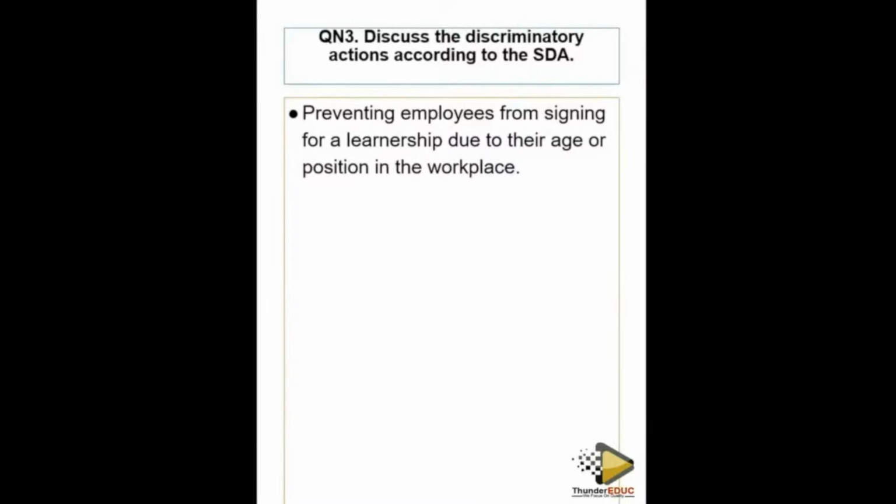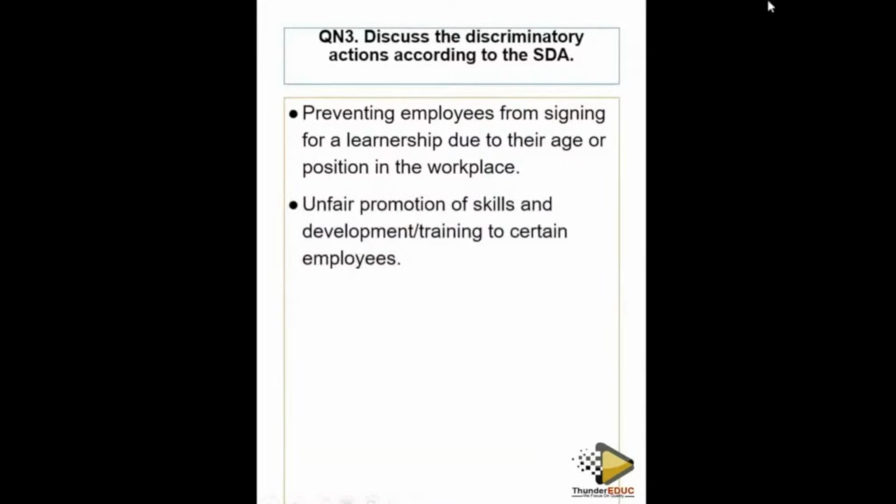So now, moving on, this act says no to unfair promotion of skills and development training to certain employees. If you still remember, in some businesses, you find that the CEO has his favorite people, and then there are people whom he doesn't favor. So now this Skill Development Act enhancement should cater for everyone, whether you are being favored by the employer or not.